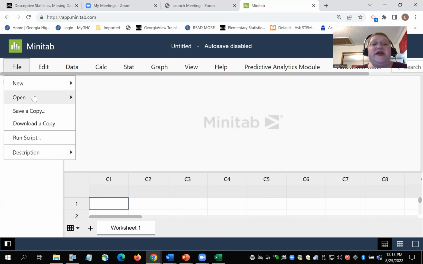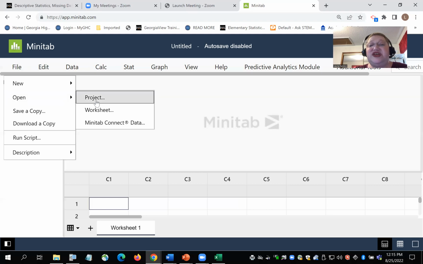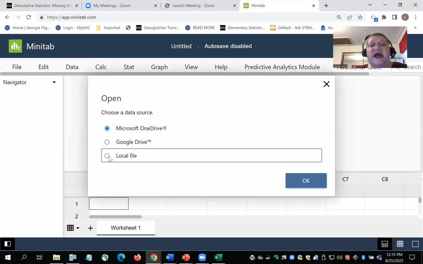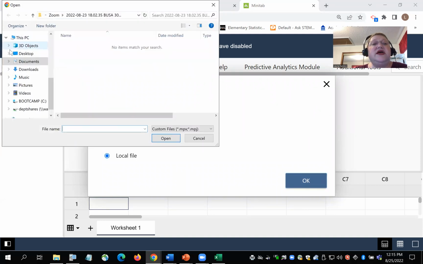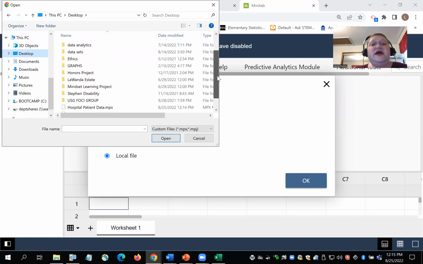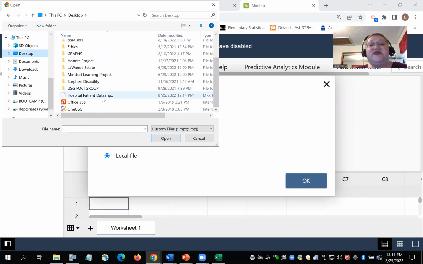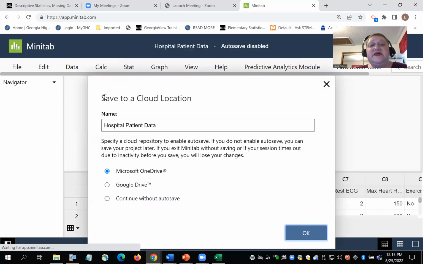I want to open a project from a local file, and then I find the hospital data file that I just pulled out of the lesson. I'm going to click on it.